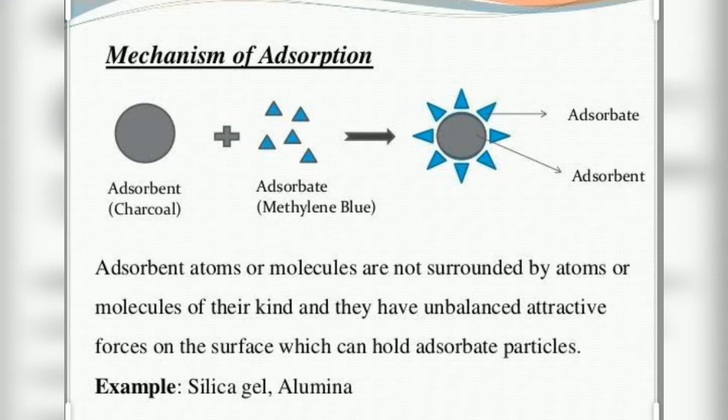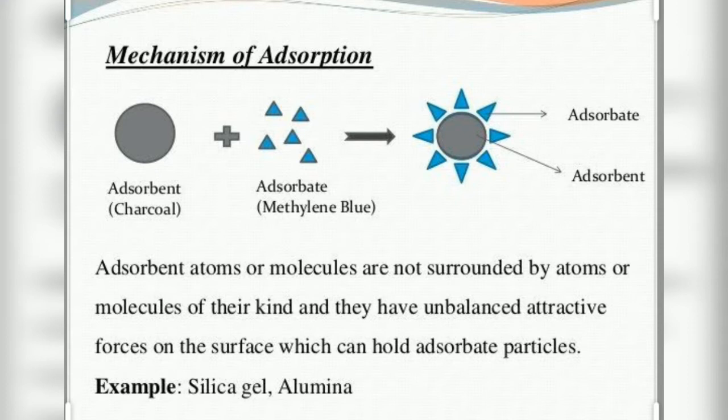And the material which sits on it, like the blue triangles you can see, is called the adsorbate. So there is a clear difference between adsorbent and adsorbate. The one which sits is the adsorbate, and the surface on which it sits is called the adsorbent.